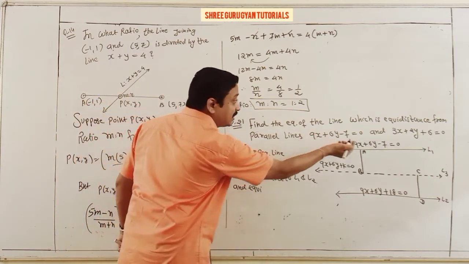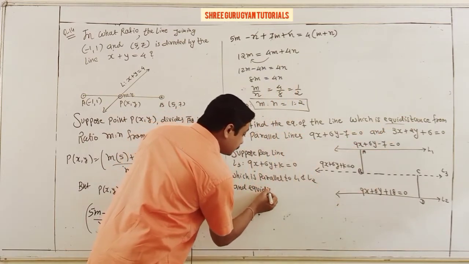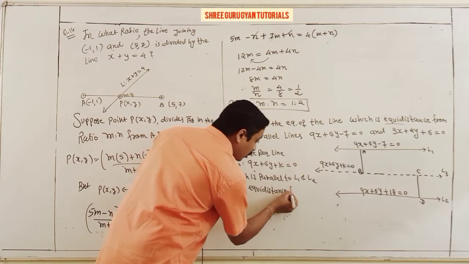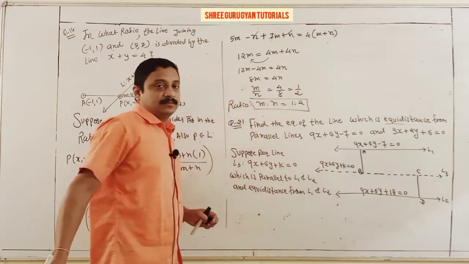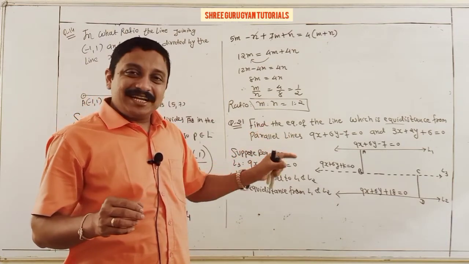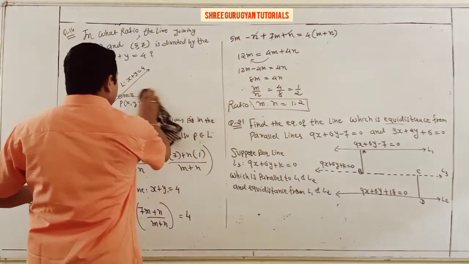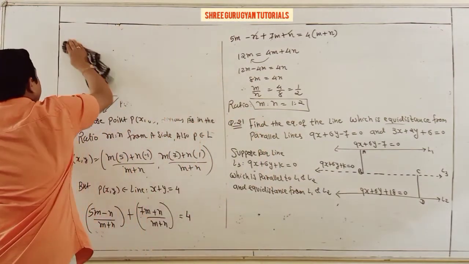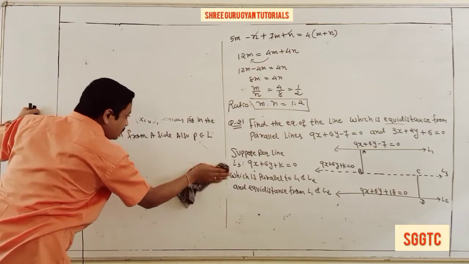Apply that these lines are equidistant from L1 and L2. Now students, equal distance means AB distance and CD distance I will take the same. So apply the equal distance formula and you will get a simple answer.